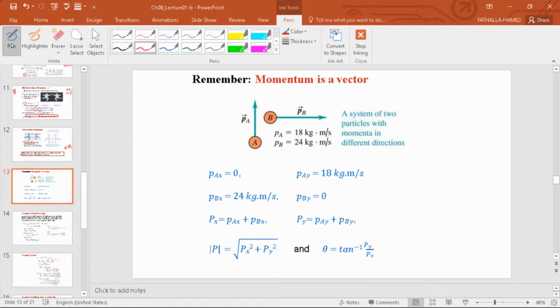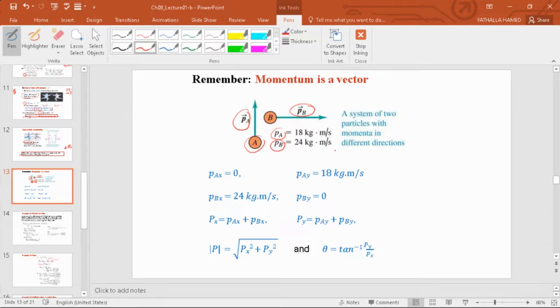So in this example here, you have mass A, which has momentum A, and mass B, which has momentum B. They give you the magnitude of momentum A, which is 18. Remember, it's not bold, there is no arrow on the top, meaning it's only the magnitude, 18 kilogram meters per second. Momentum B here is 24 kilogram meters per second.